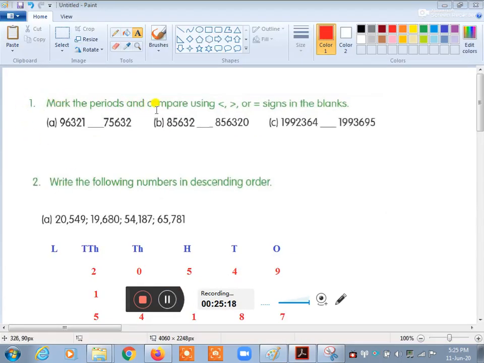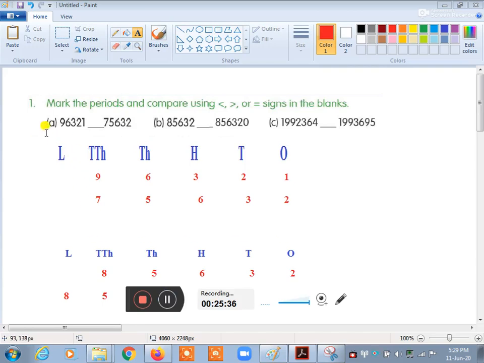Here mark the periods and compare using less than, greater than or equal to sign in the blanks. First we have to mark the periods. So we have putting the place value. So here 96,321 and the next value is 75,632.